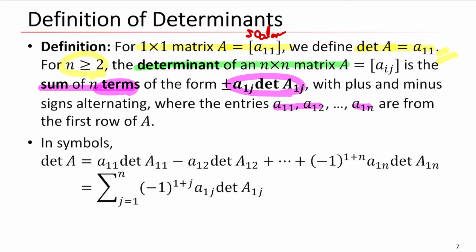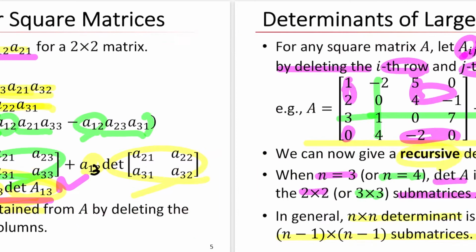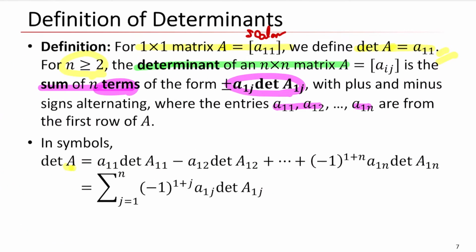So from this definition, the determinant of A is a11 determinant A11 minus a12 times determinant A12. Why is there the negative value?